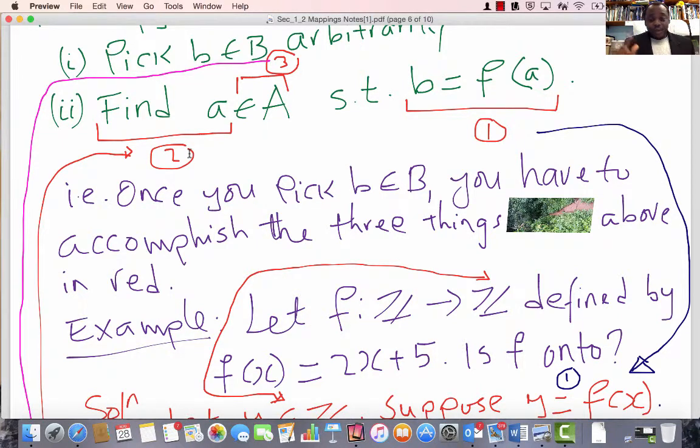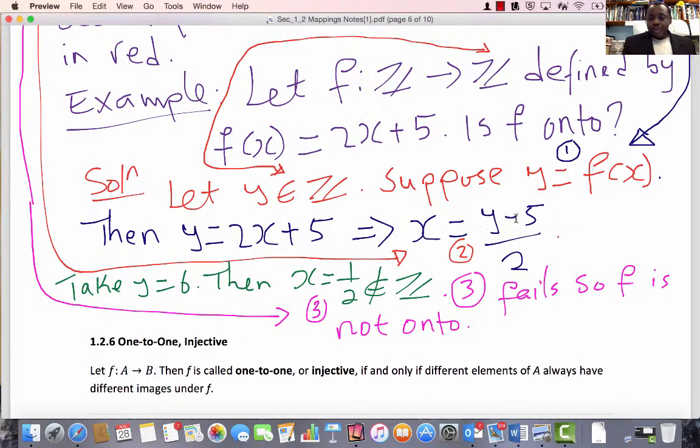And in this case, our domain is Z. So we have x equals (y minus 5) over 2. That is our x. We just found it. And the last part is, does this x reside in the domain, which is Z? It has to hold for every y.